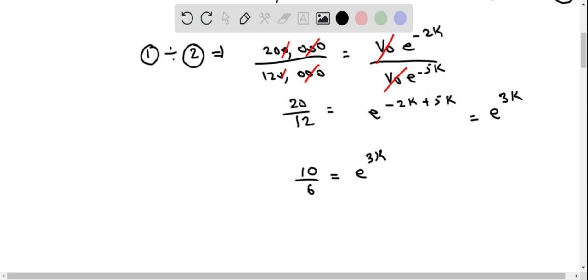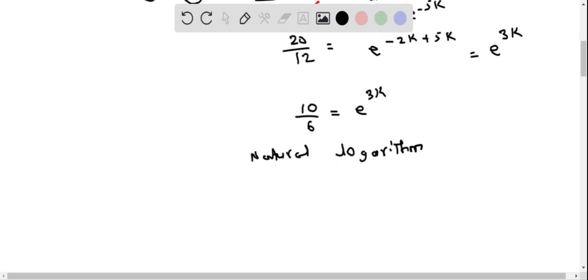We can apply the natural logarithm to both sides. So we apply natural logarithm, and when we do that, we'll be getting natural logarithm of 10 by 6 equals natural logarithm of e raised to the power of 3k. Now I can simplify this right side using the property of logarithm, that is this 3k, I can put in front.